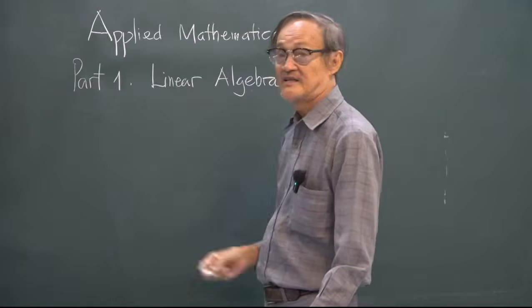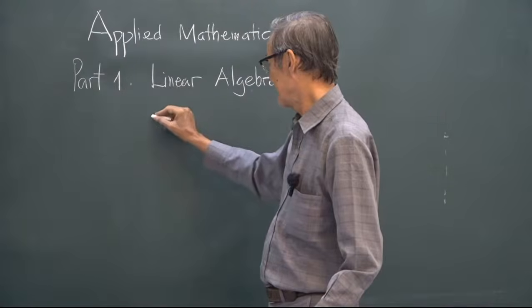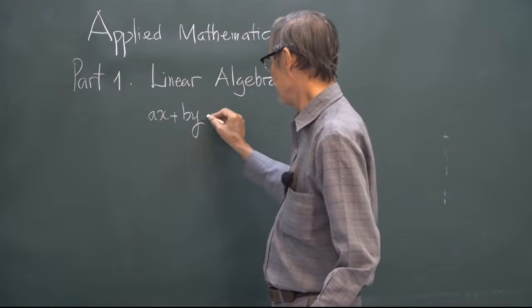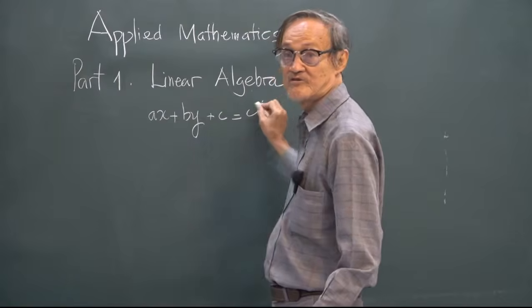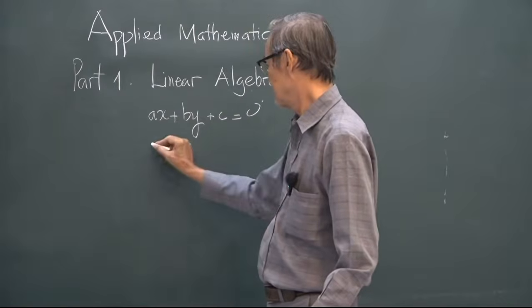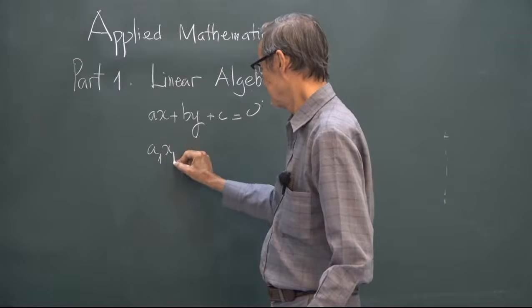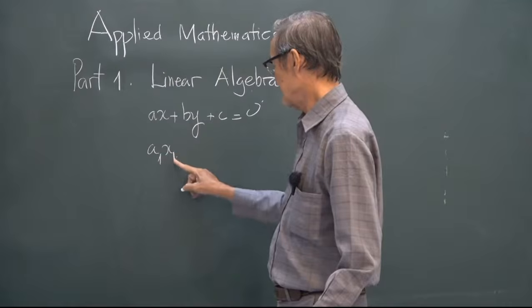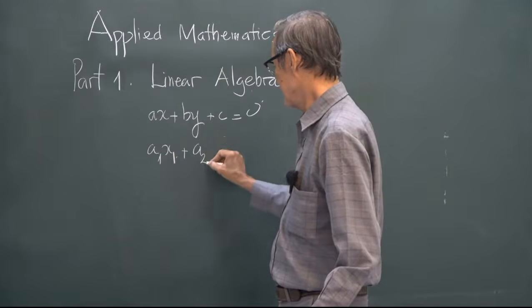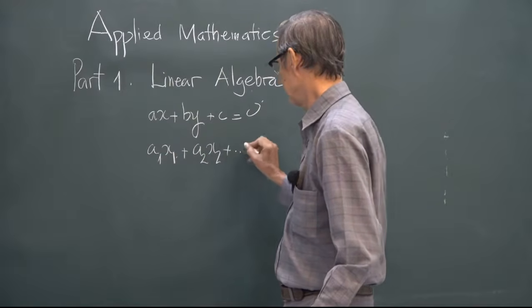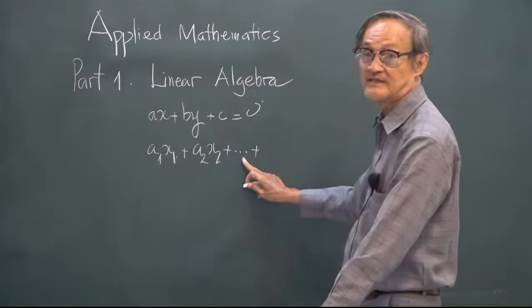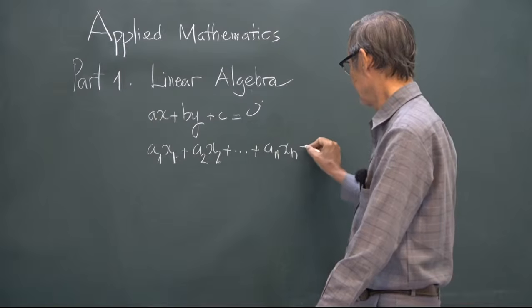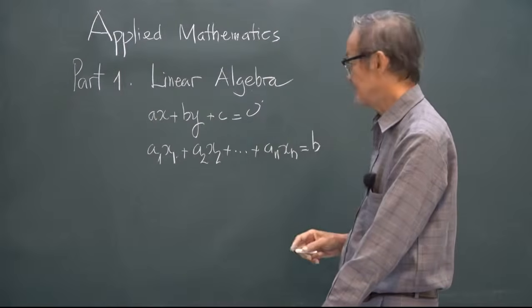You know the equation of a line ax plus by plus c equals 0. So we consider the function a1 x1 plus a2 x2 plus etc. plus an xn equals b.